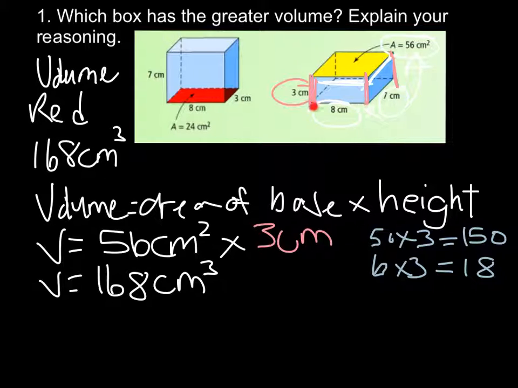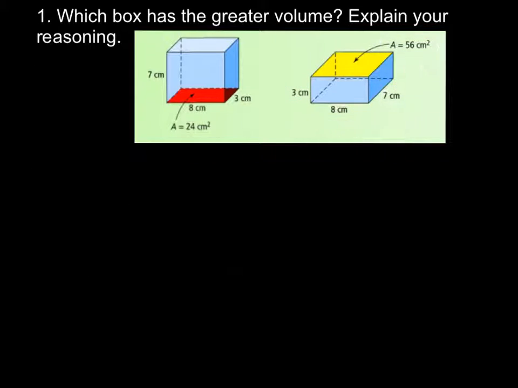No, it doesn't really matter. Anytime you're multiplying 2 or more numbers together, the order doesn't matter. You'll end up at the same spot. So both prisms have a volume of 168 centimeters cubed.